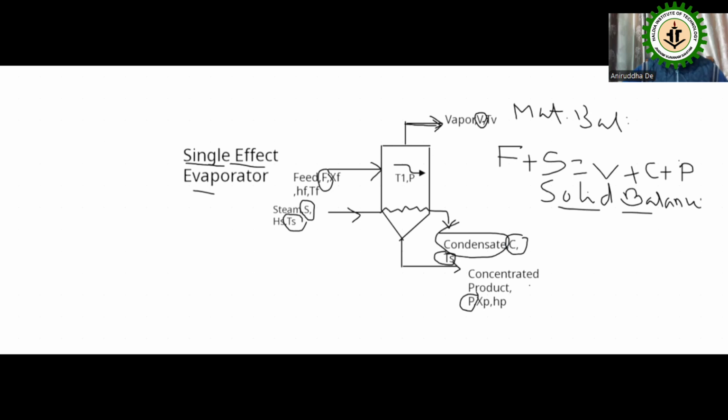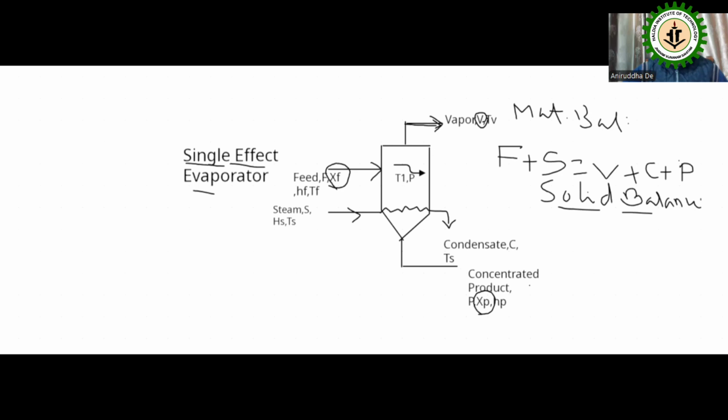So if we take the fraction of solid material, the fraction present in the feed is XF, and the fraction present in the concentrated product is XP.